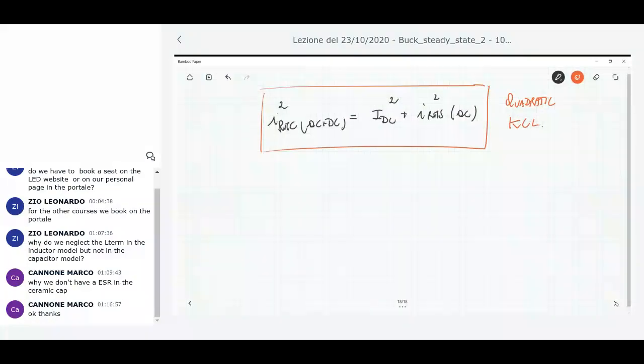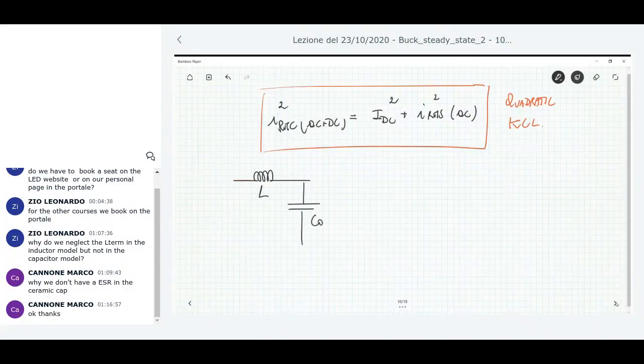For example, look at what happens at the output of our converter, where you have the inductor, then the capacitors, and then the load. This is the filter at the output of our converter. Okay, then you have the diode, etc. We are just interested in the output node.